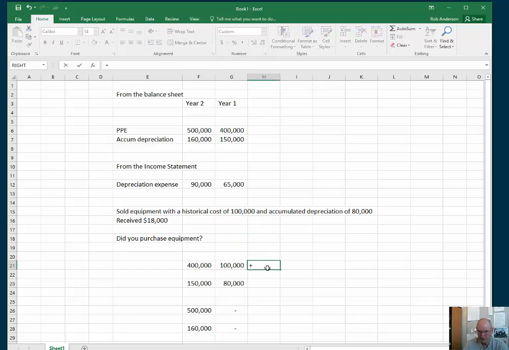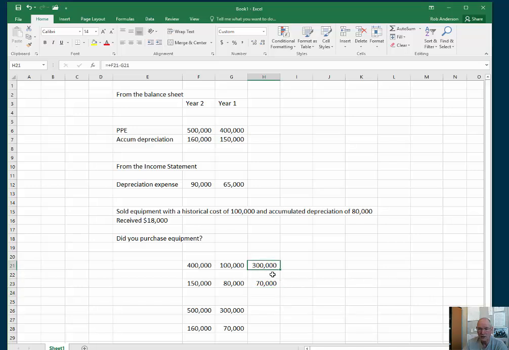So if I had done nothing else throughout the year, we would have $300,000 in equipment, wouldn't we? And let's look at accumulated depreciation, because from your basic accounting, you know that when you sell equipment, you have to close the accumulated depreciation for that account. So we started with 150, but we would have removed accumulated depreciation of 80.